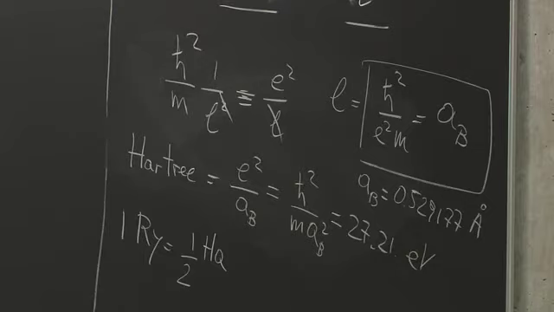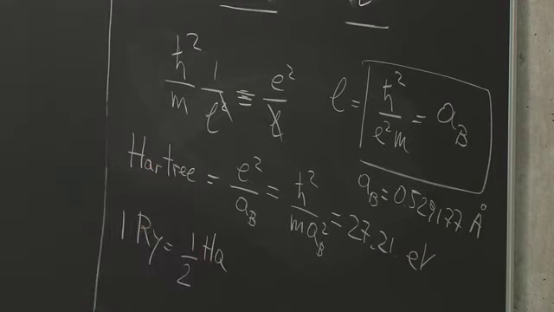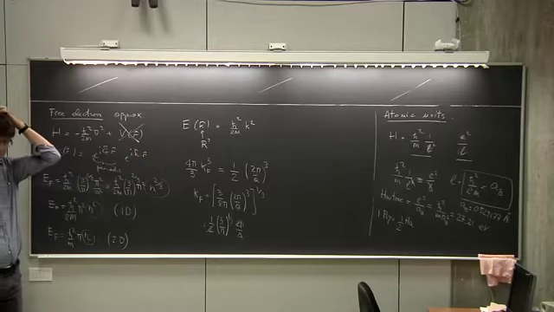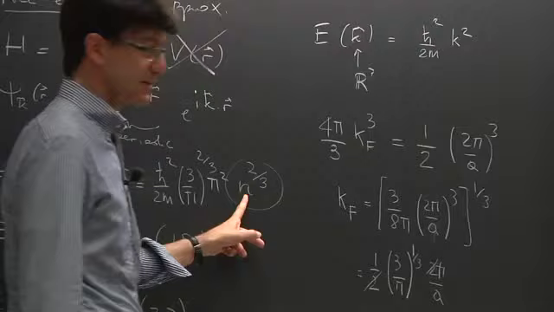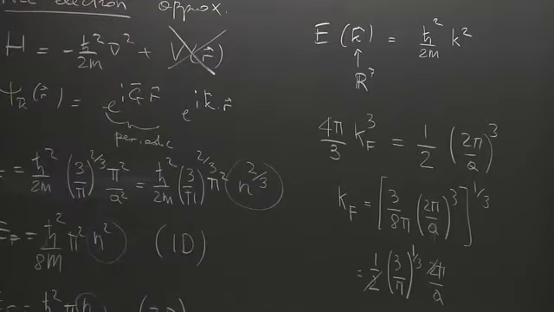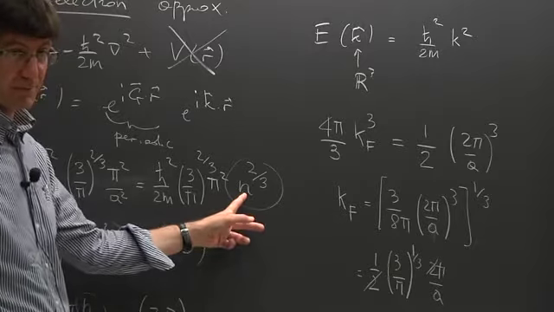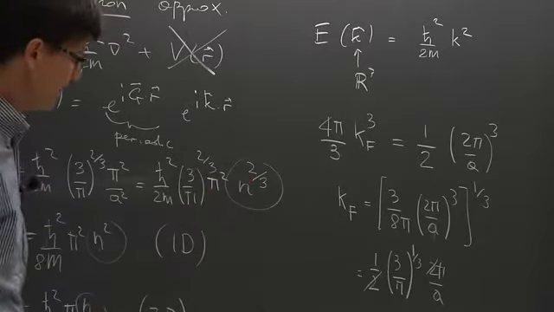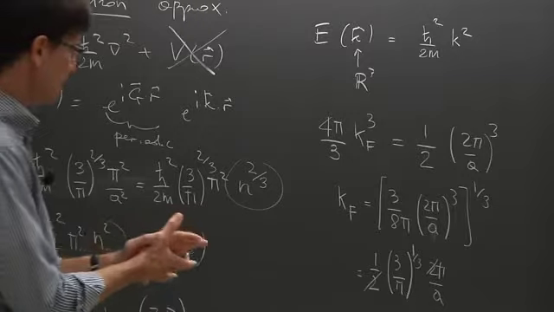I've introduced all these units because there's way more that we can say about these units and the connection with our problem here. For example, we may decide to express densities using Bohr radii. And it's quite frequent in the literature to find densities expressed in Bohr radii. If you do that, then this becomes a dimensionless number because it's the number of electrons per Bohr radius to the third. So it's a dimensionless number.